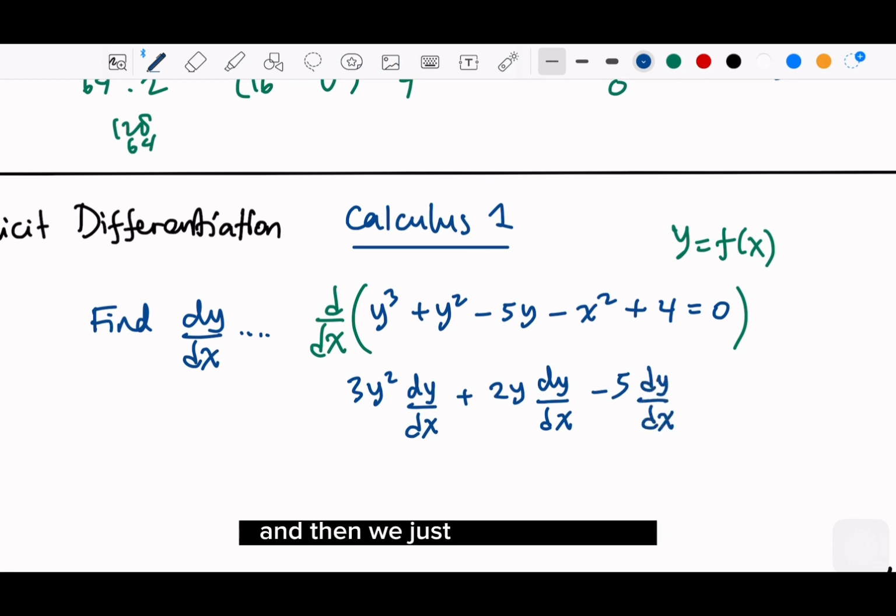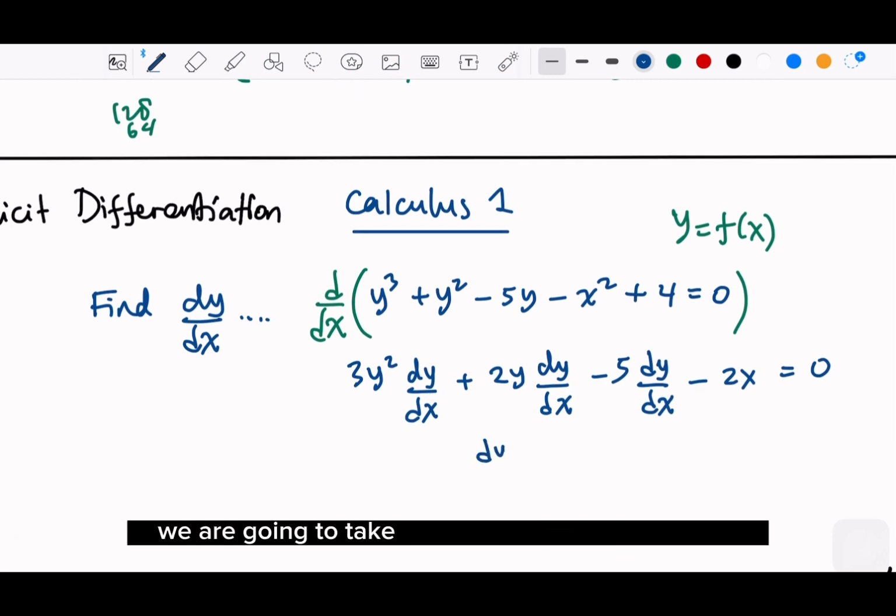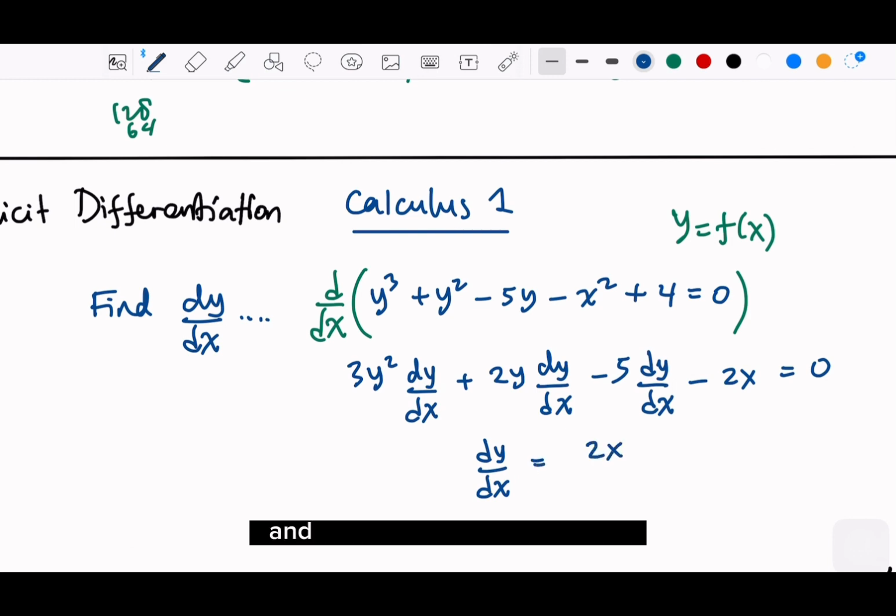And then we just treat x as usual, negative 2x, right? And then it's equal to 0. And basically what we did is we take all the components with dy/dx and write them here, and this is basically the answer, right? Okay, so we've done implicit differentiation in calculus 1, single variable.